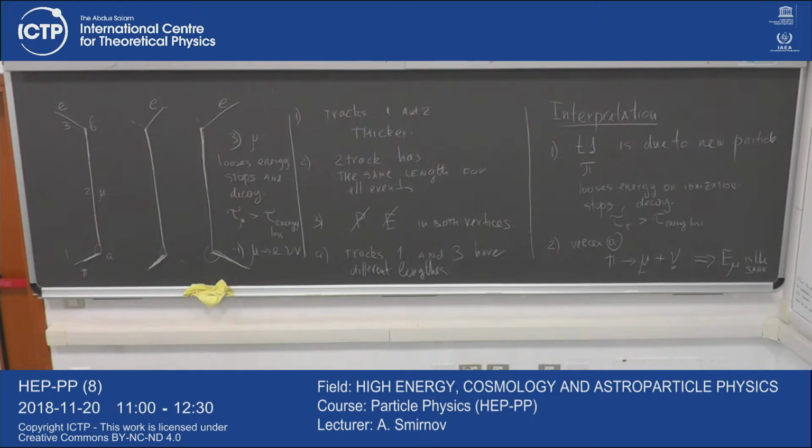Is it necessary for the pion to decay at rest? Yes, otherwise you would have different energies of the muon, and therefore different lengths of the trajectory. Here the initial energy of the muon is the same, and then you have energy loss on ionization.